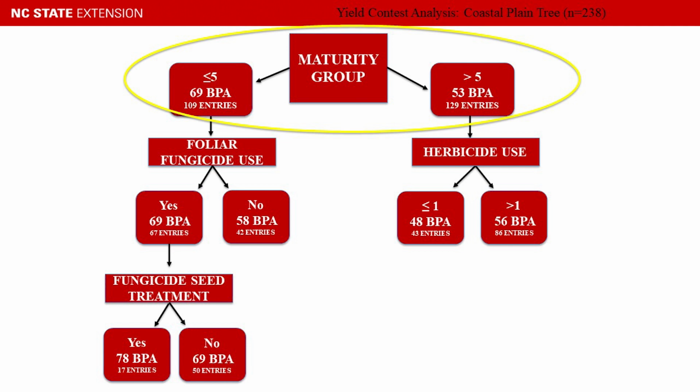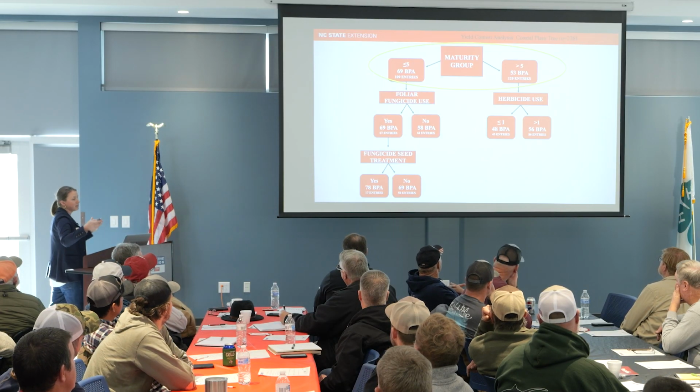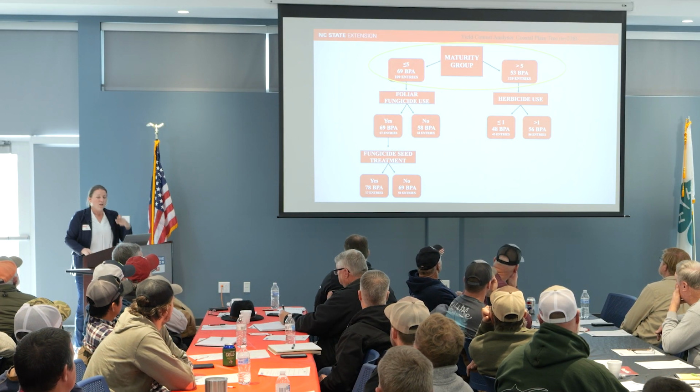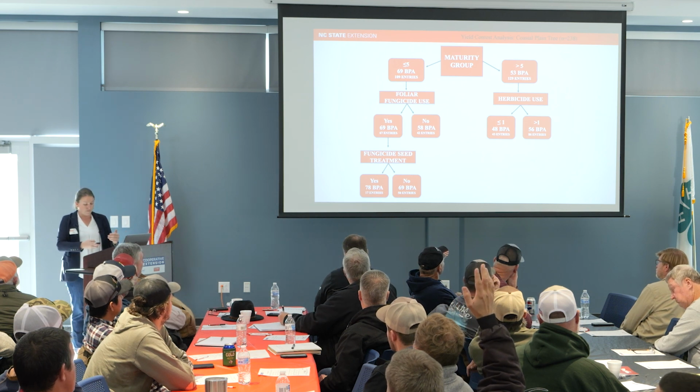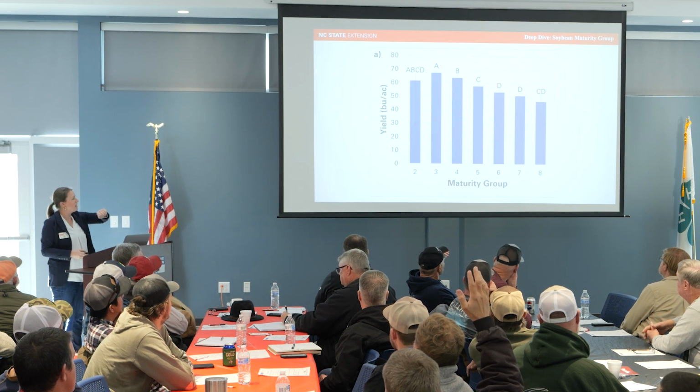We saw maturity group 5 or earlier in the coastal plain average 69 bushels per acre, and the 6s and 7s, and frankly there are some 8s in there too, average 53 bushels per acre. So in your environment, earlier maturing varieties were still leading to higher yields, but it was 5s and earlier versus 4s and earlier like we saw in spots like the Tidewater region. So we know this is important in high yield environments. If you look at this figure.